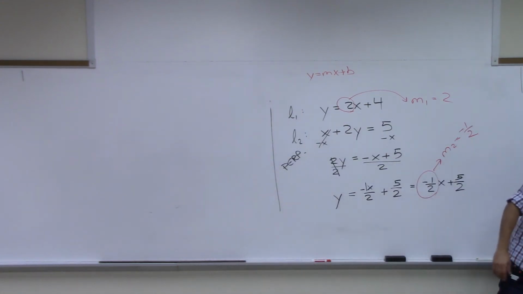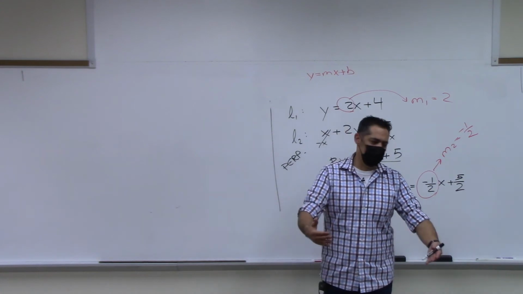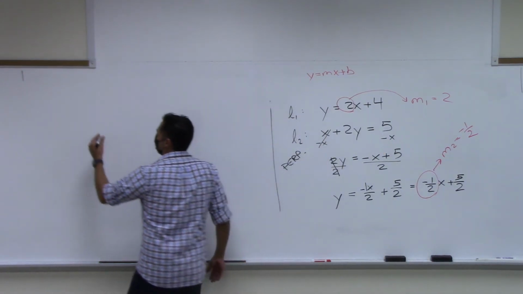Let's see if you can really put this together. I'm going to let you talk to each other on this if you want. I'd like for you to talk to each other on this. All right, let's see.